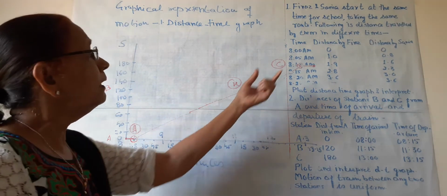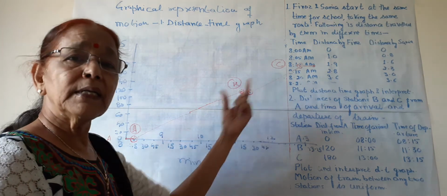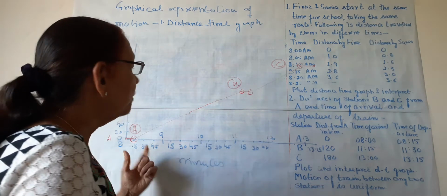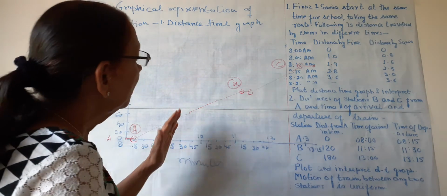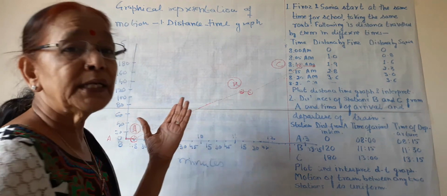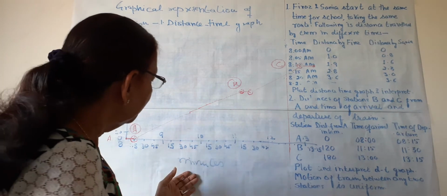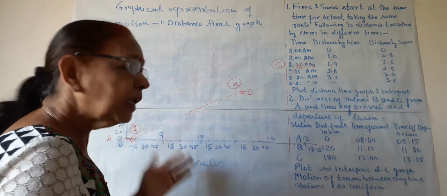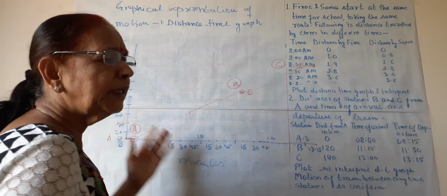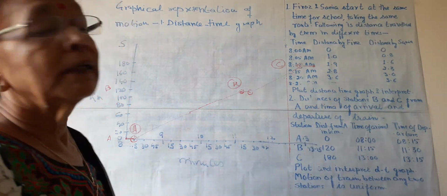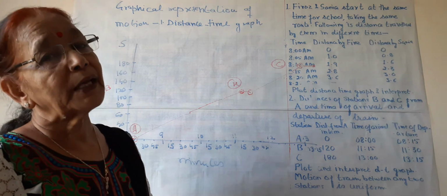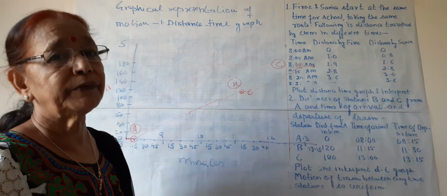That at 3 instances train is at rest, not moving, and this is the uniform speed of train, and we can calculate the speed in kilometer per minute. So the speed can be calculated. This is all for distance time graph. Thank you.